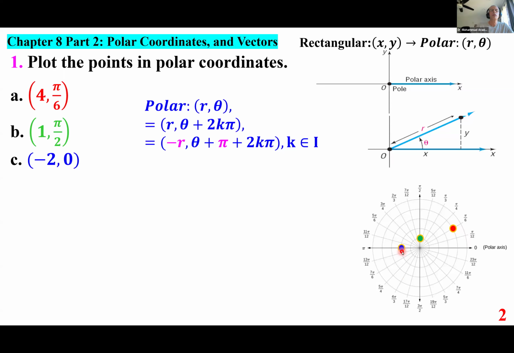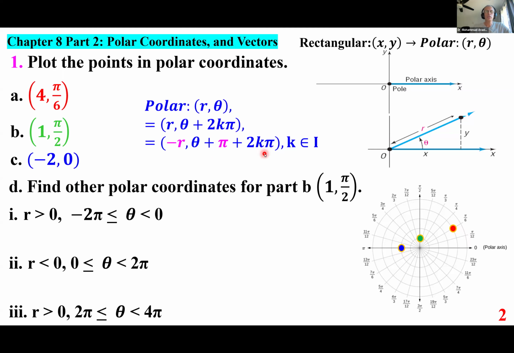Now, polar can be represented infinitely many ways, because r comma theta can be r comma theta plus 2k pi, where k is an integer. If you want r to be negative, then you add pi: theta plus pi plus 2k pi.